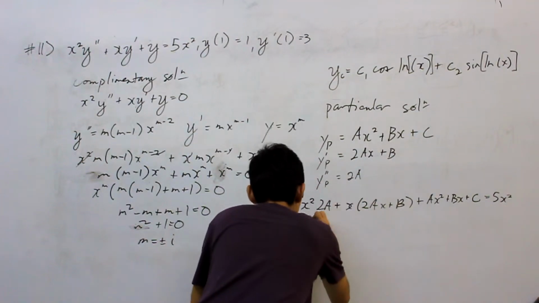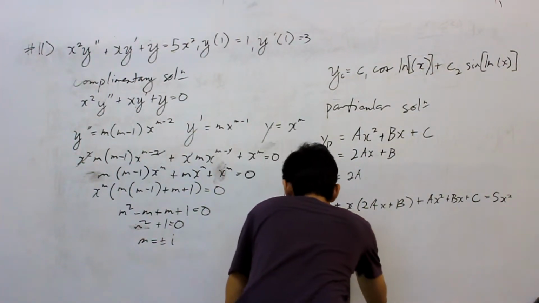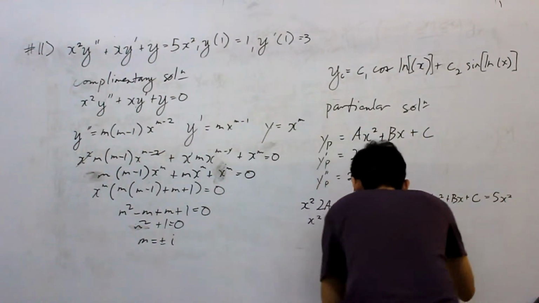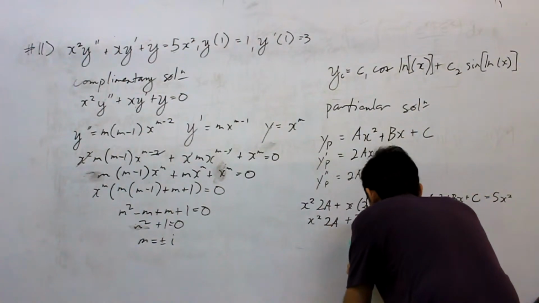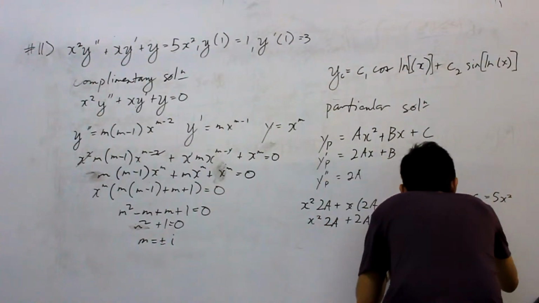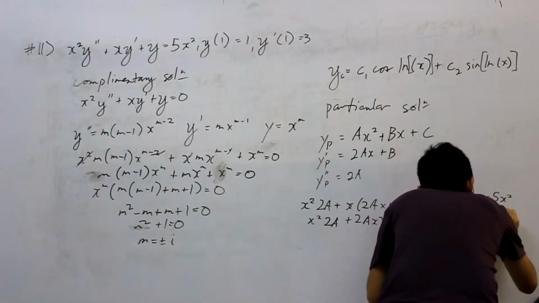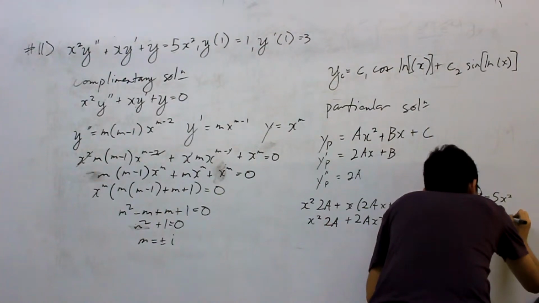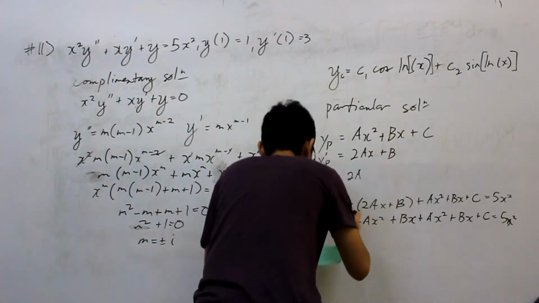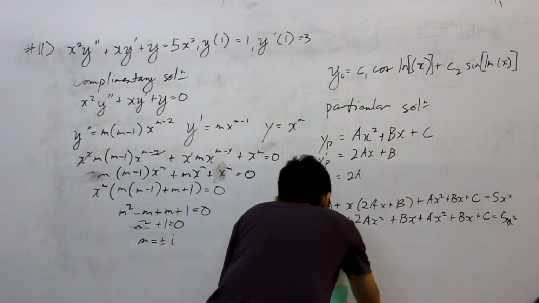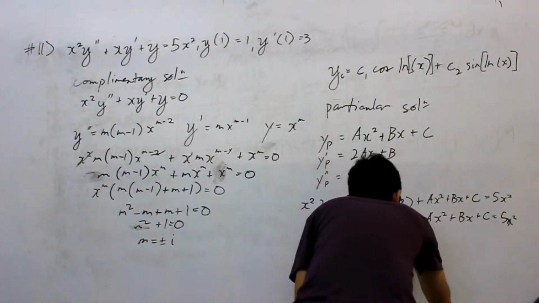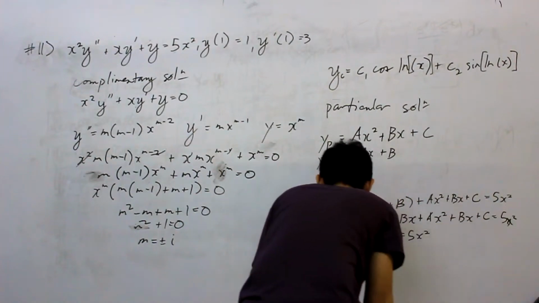So we have 2ax squared plus 2ax squared plus bx plus ax squared plus bx plus c is equal to 5x squared. And then simplified, we have 5ax squared plus 2bx plus c is equal to 5x squared.